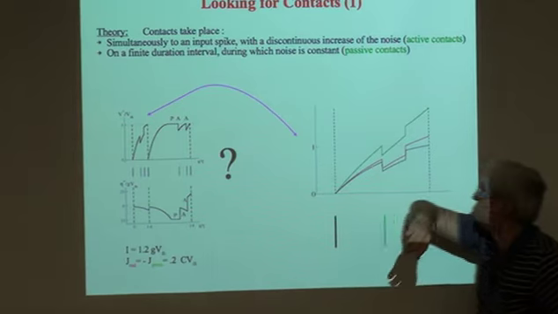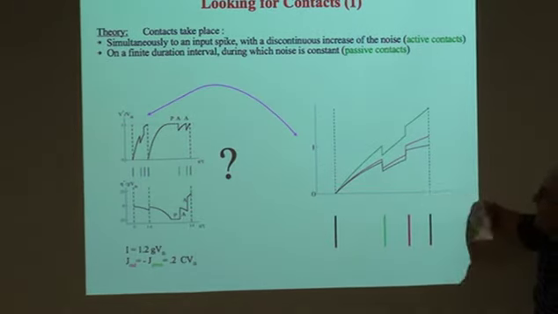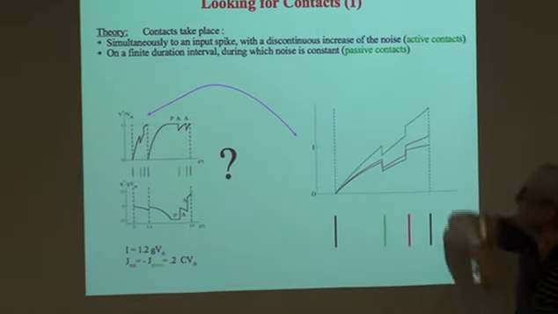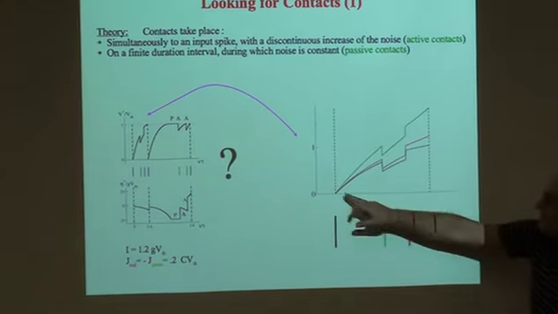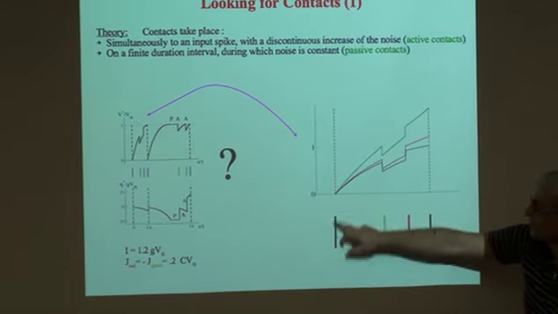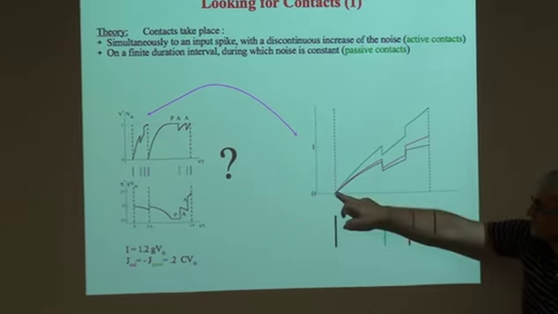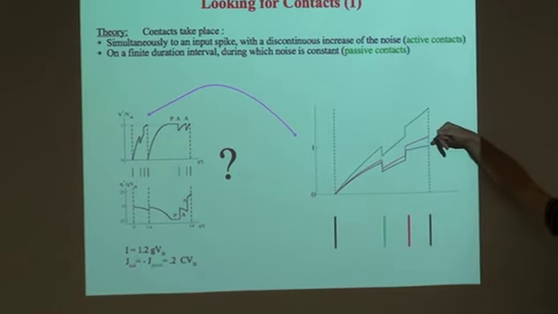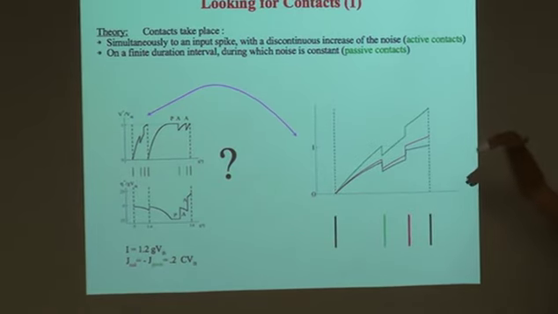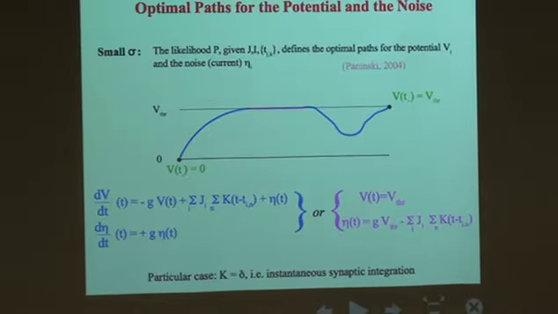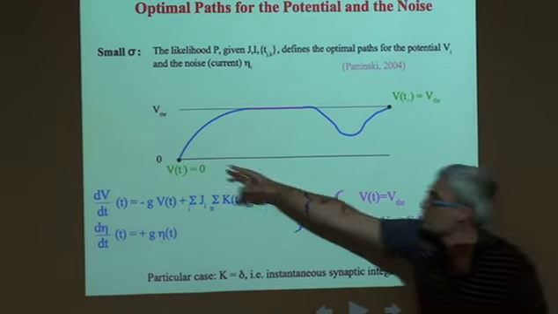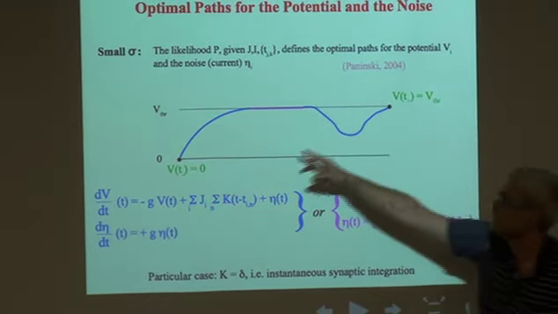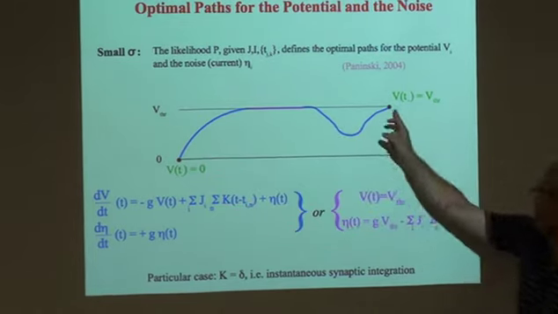It's easy. We start with the first interval here. Here is the value of potential right after the emission of the spike, which is 0, and it is 1 right before the next spike. 1 is the threshold value. Suppose there is no active contact, so there is only the blue regime to go from this point to this one.